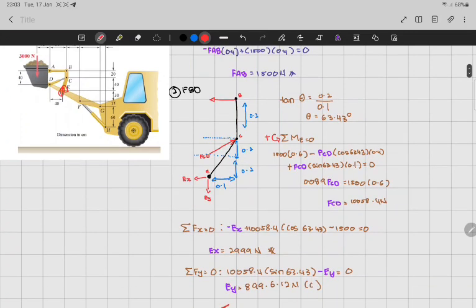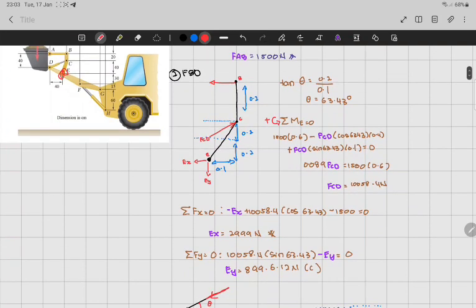As we calculate using the calculator, we will get 10,058.4 Newton.